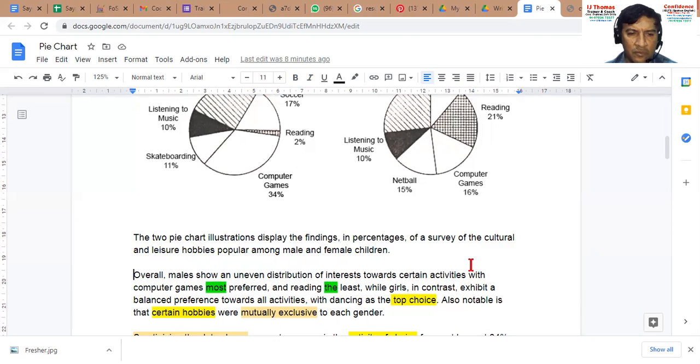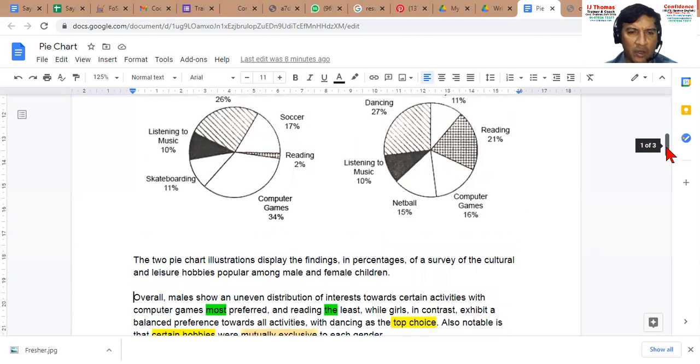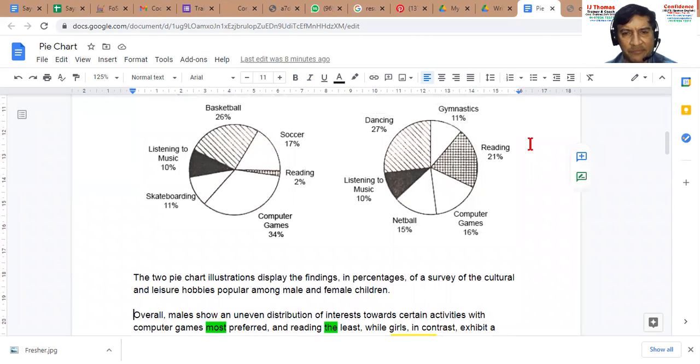Also notable is that certain hobbies were mutually exclusive to each gender. Very good. Thank you. So now maybe it is tough, but I am showing you the way you can write like this, which would get you an easy 7 band.